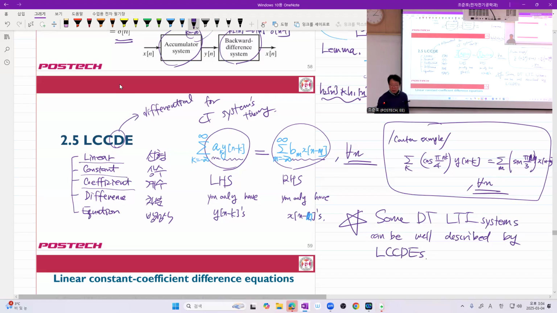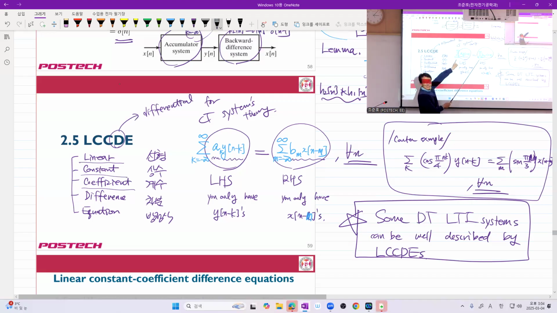Okay, this is very important. The problem is that the most general form has countably infinite terms, and possibly countably infinite terms.